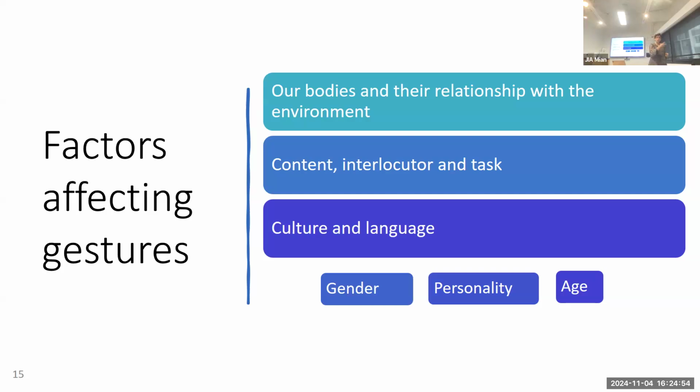The first is based on embodiment, so our bodies, the relationship with the environment, previous experiences. Then more external factors such as the interlocutor, the task, the content sometimes as well, and culture and language. And then we have gender, personality, age, but all of these factors interplay.